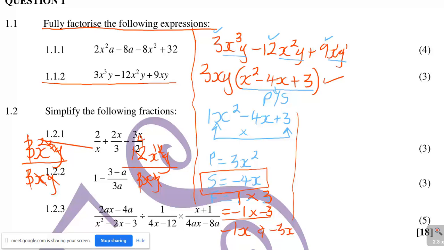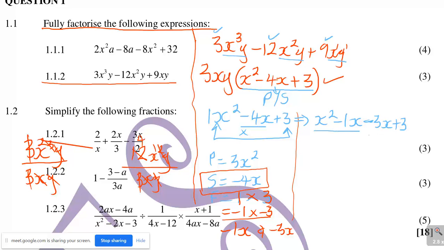You have to put it in that part. So I will have x squared minus 1x minus 3x, right? And then plus 3. Remember, where there was a negative 4, I'm substituting with minus 1 minus 3.